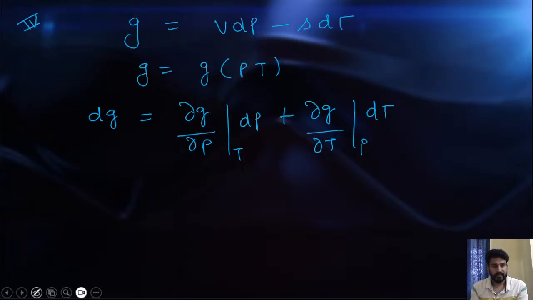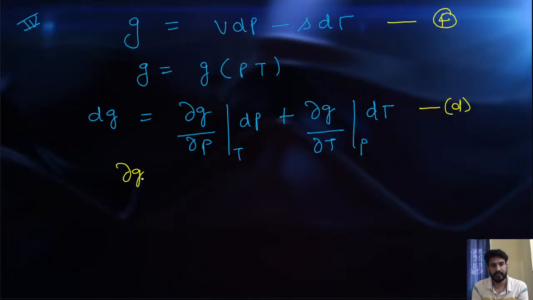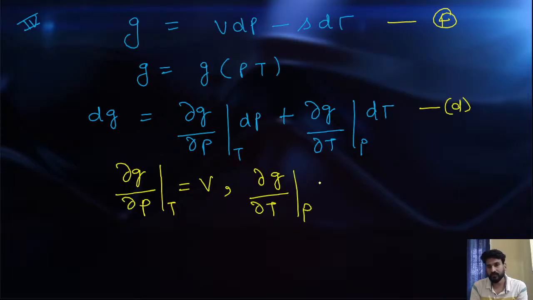This is my equation number 4, equation D. After comparison, I can write del G over del P keeping temperature constant is equal to V, and del G over del T keeping pressure constant is equal to minus S.